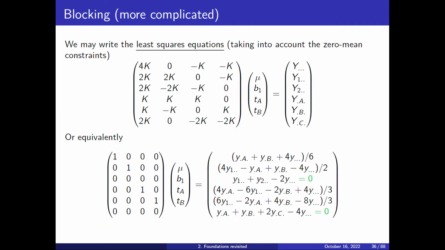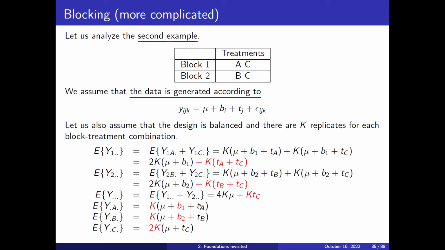But now the effect of the block is 4 times the average of block 1 minus the average of group A plus the average of group B minus 4 times the total average, divided by 2. So again, they are totally correct. They are unbiased estimates of the true effects of B1, TA, TB, but because the blocks are not balanced, the blocks do not see all treatments, now it is much more difficult.